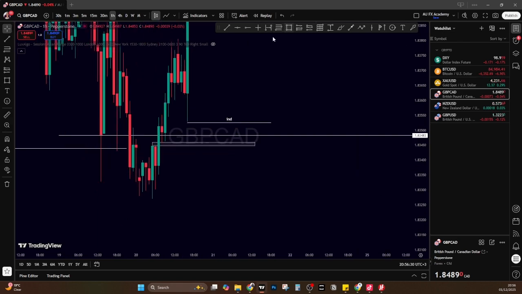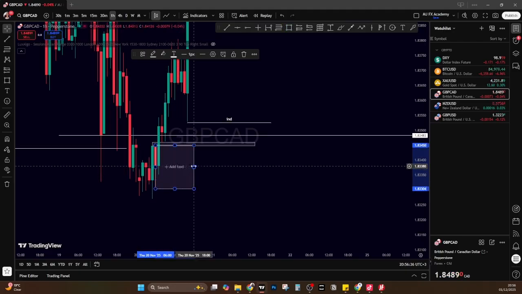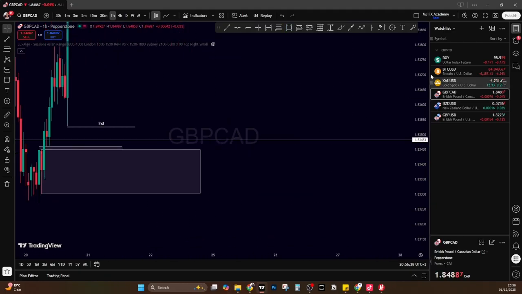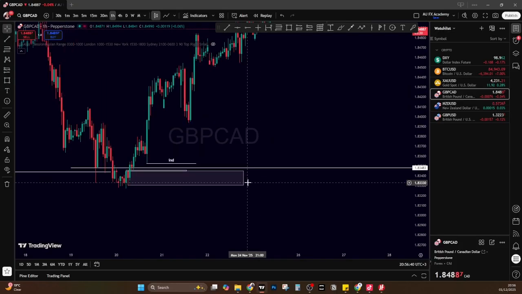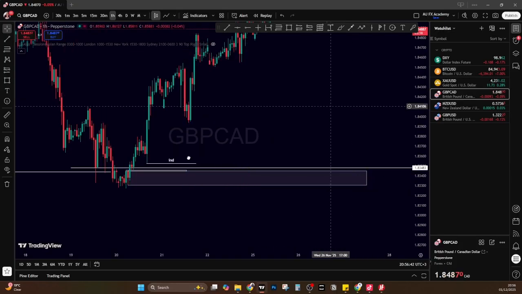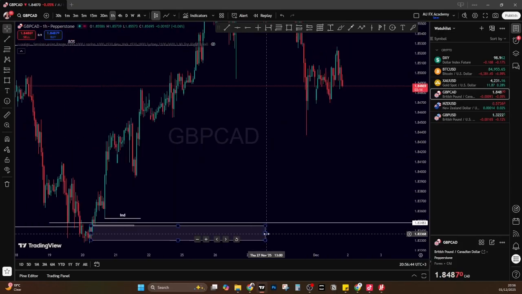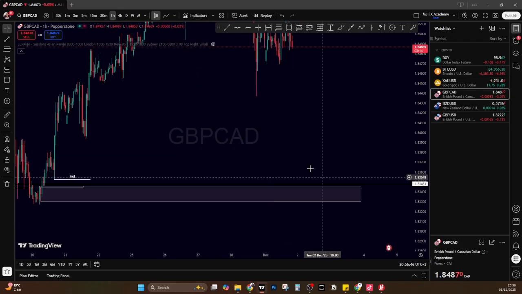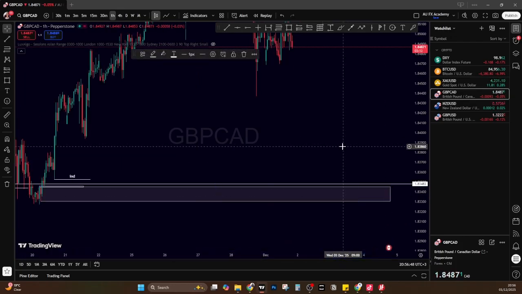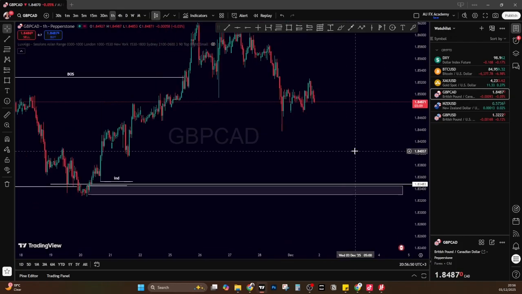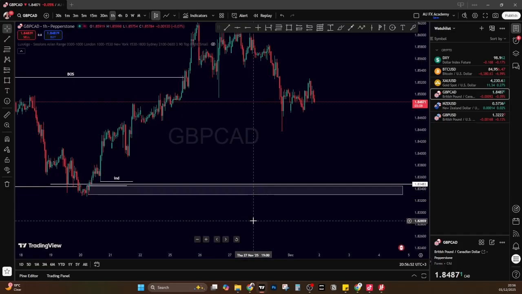Just below it, we have an order block. So that means this market may continue to sell until it gets to this area.